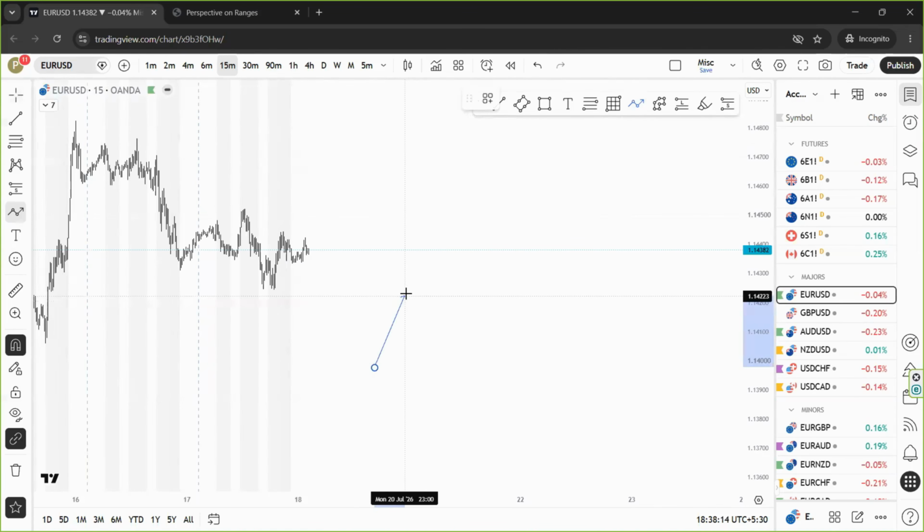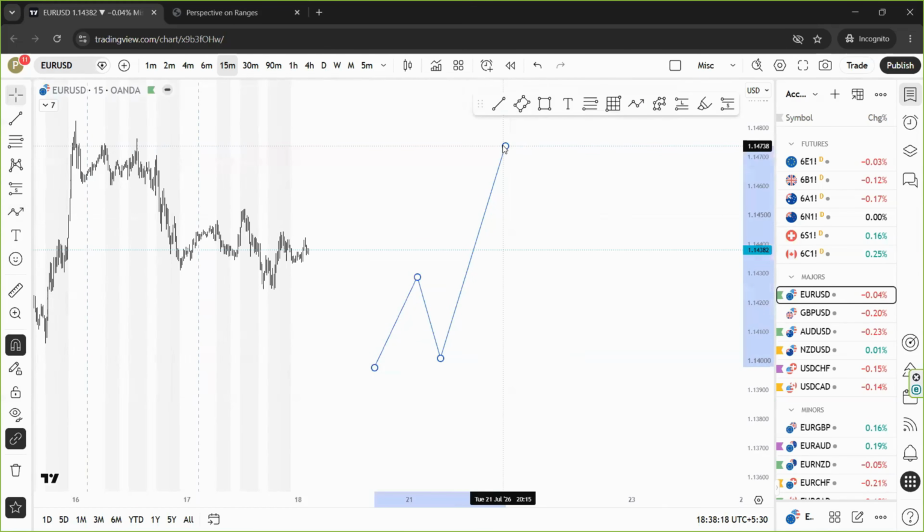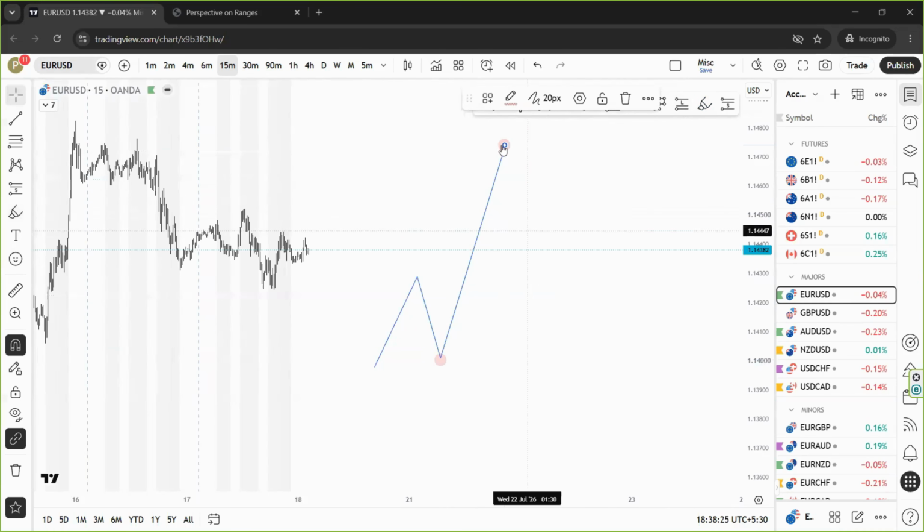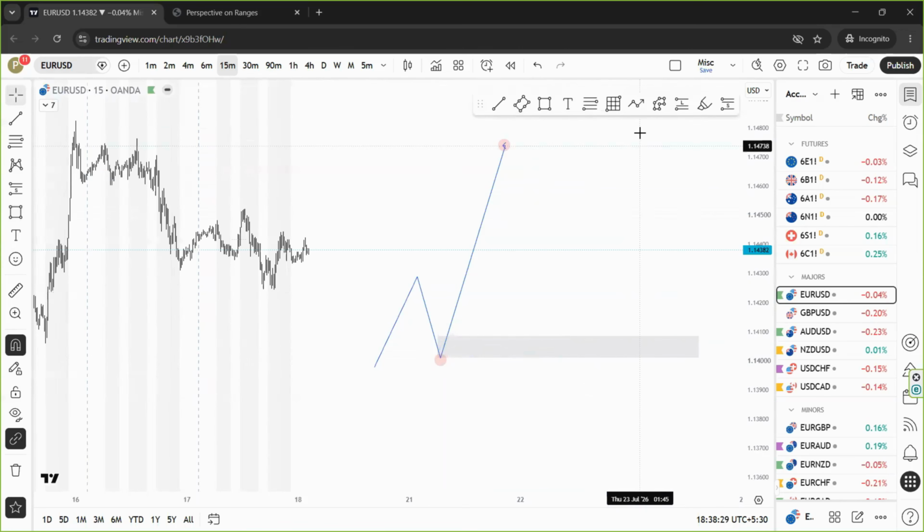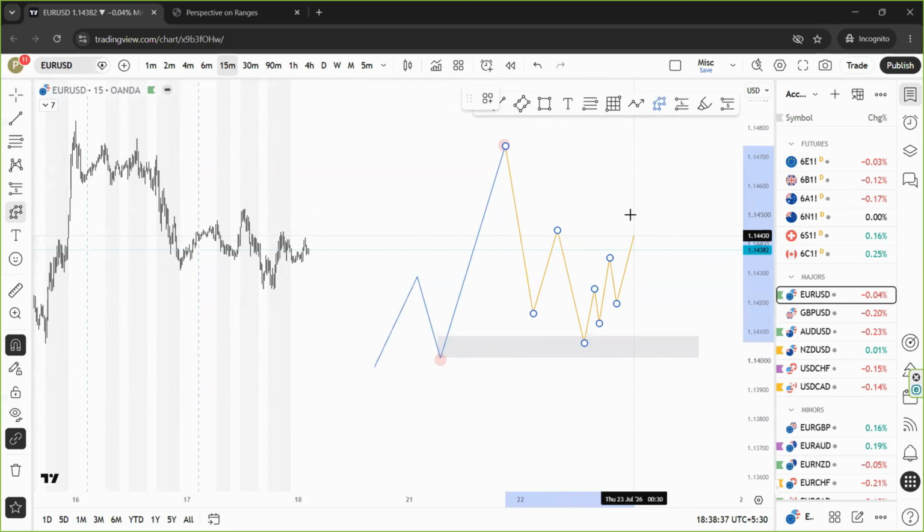Assuming you have a 4-hour range, I'm just using the 4-hour to explain. Assume you have this range here, and you have a POI here, and price comes back, takes out some liquidity, and then starts creating some structure and moving up.